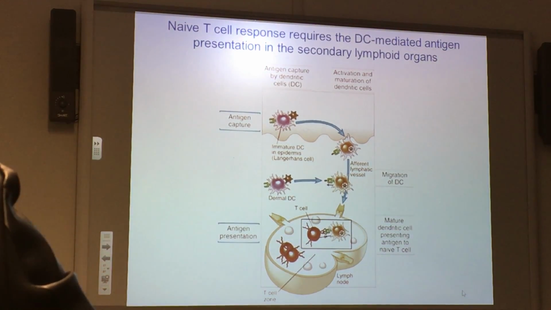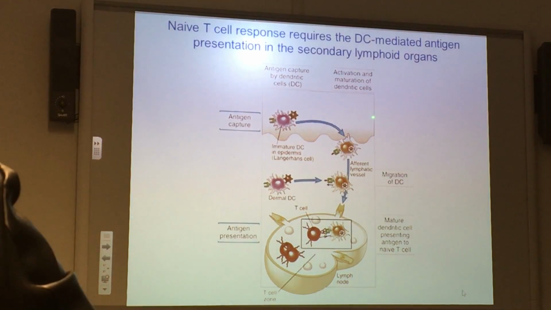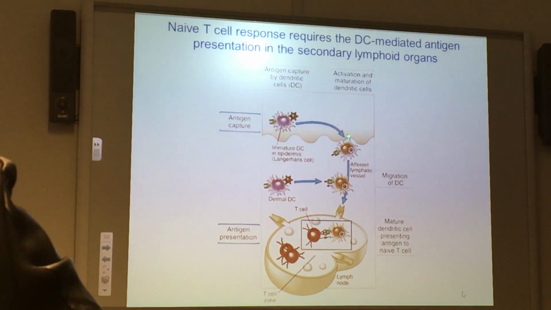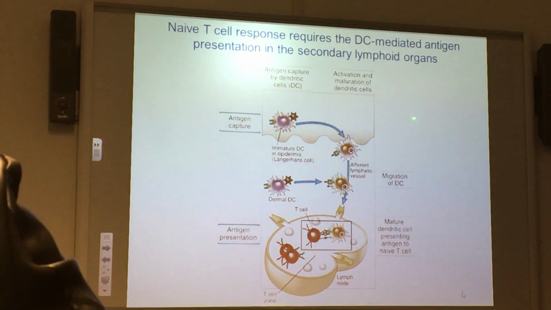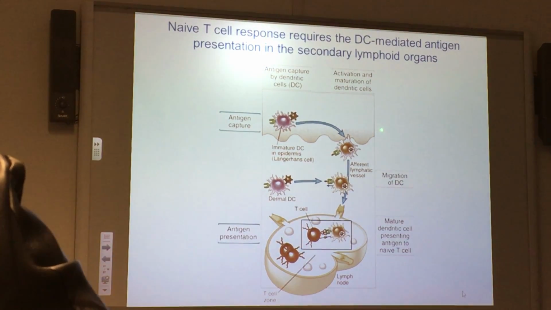Melanocytes. A melanocyte is infected by a virus, and only the melanocytes are infected. How can this virus get to the dendritic cell? These viruses live in the melanocytes and not in the dendritic cells.